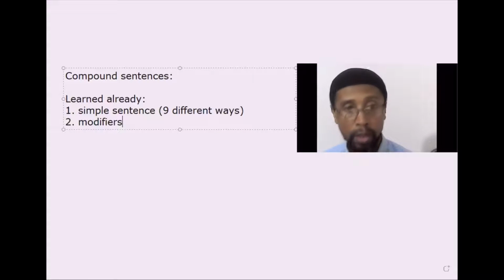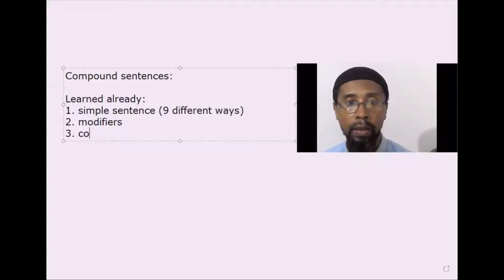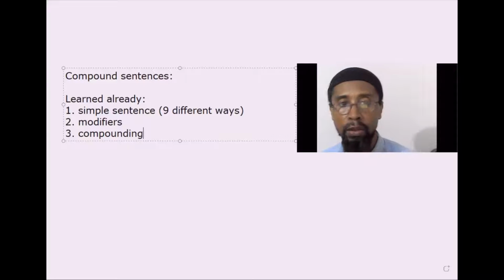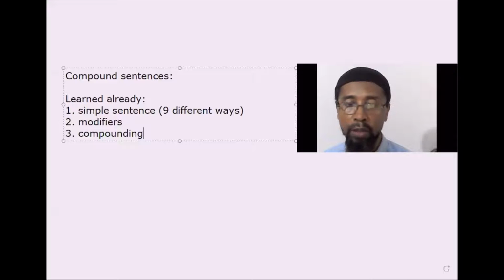All right, and then after that, you learned about compounding. Okay, and so now we're talking about compound sentences, because compounding, if you remember, we talked about that you can compound the subject, the verb, the object, and the predicate of the sentence.